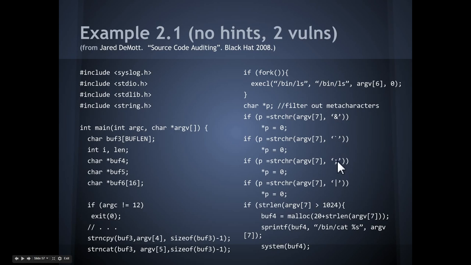So we're filtering out ampersand, tildes, semicolons to prevent stuff like that, and ors. And then what we're doing is we're creating the command string to cat out some file, and we're passing into this format string argv7, and then we're calling it with system. So this is not a format string vulnerability.